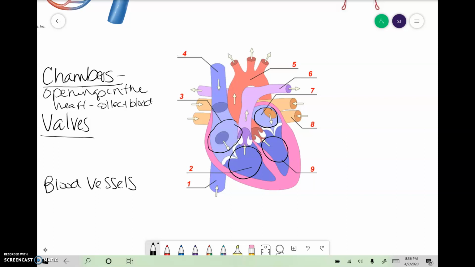Okay, a valve is like a swinging door. So if you've ever seen an old Western with a saloon and somebody walks into the saloon, usually before they have that bar fight. Okay, a valve is like that swinging door that you see into a saloon. And what valves do is they help to open the chamber to let blood in, and then they close it so that blood does not run backwards. Okay, it is a one-way door to keep blood moving in the same direction.